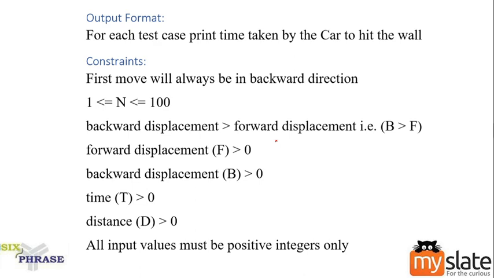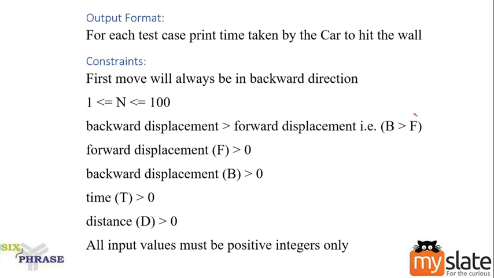You should have it as 10 meters in the backward direction and 5 meters in the forward direction. In that case, I can park the car. But if forward displacement is greater than backward displacement, you cannot go near the wall. To go near the wall, backward displacement should be greater than forward displacement.